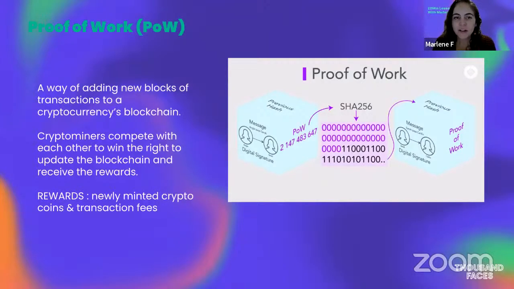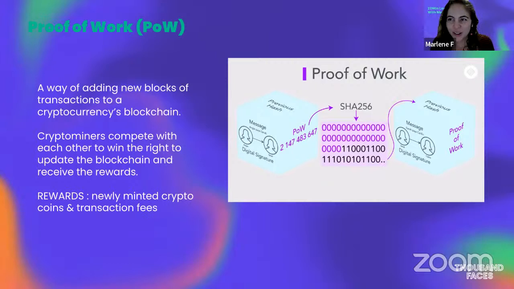And the crypto miners compete with each other to win the right to update the blockchain and receive the rewards. So when we have, in the example where we have a transaction, and we will have new blocks coming in, which is happening all the time, the crypto miners are the ones who are in charge of updating this blockchain.